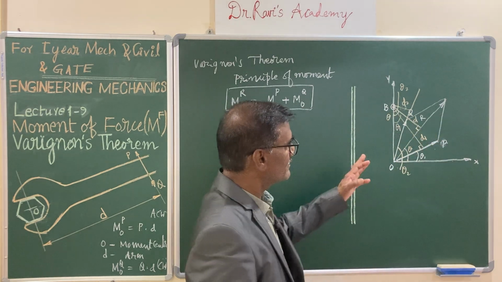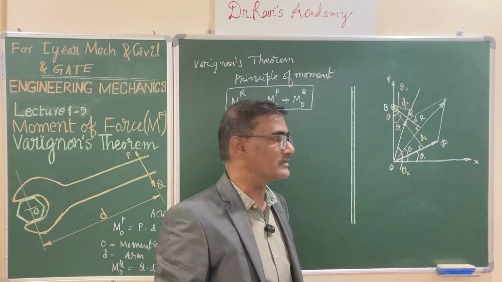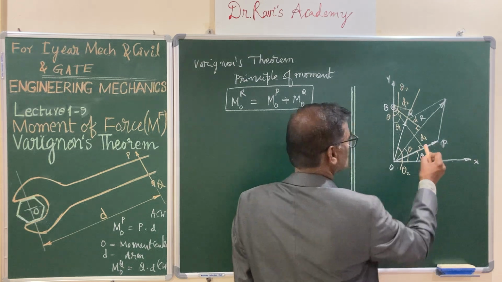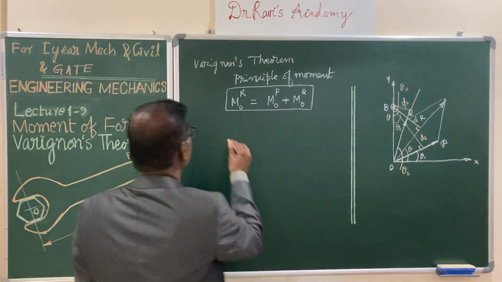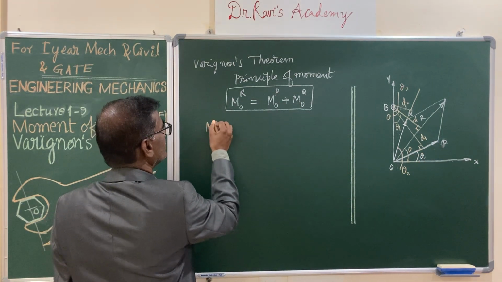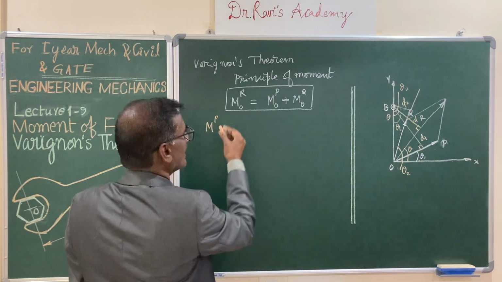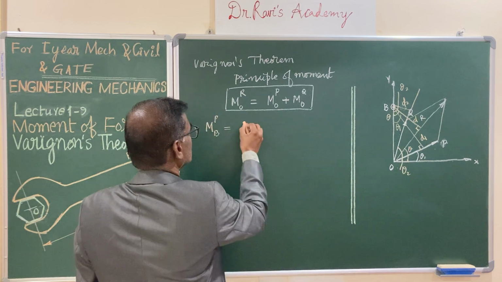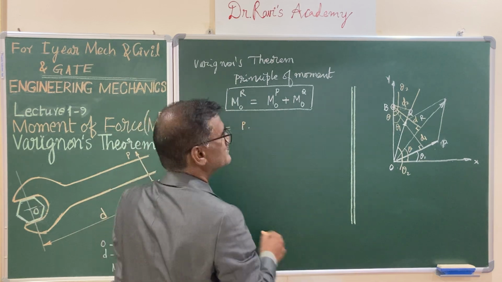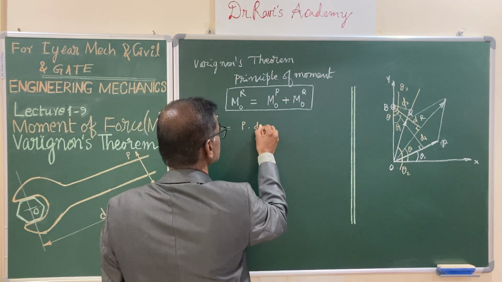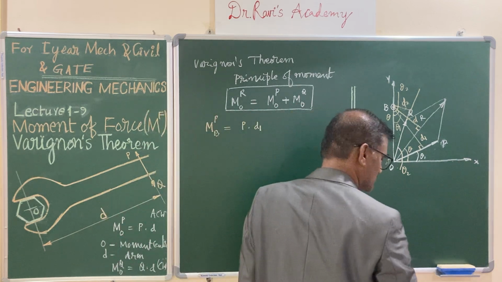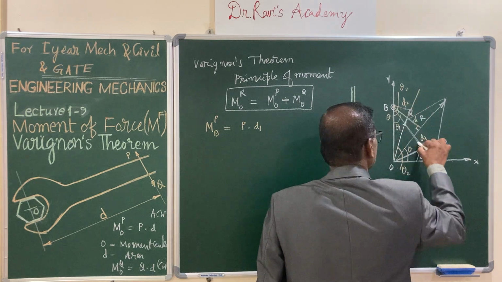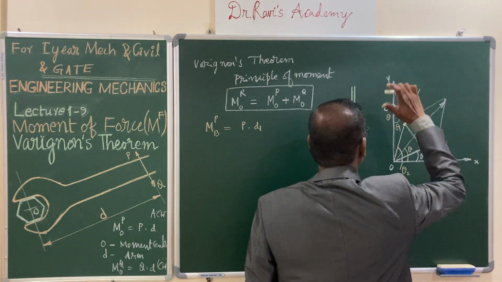Now, from the figure, let us write down the expression for the moment of the component force P. I am writing the moment of force P about point B is equal to, as you know, the force multiplied by the perpendicular distance D1. And from this right triangle, observe carefully, your D1 will be OB cos theta 1.